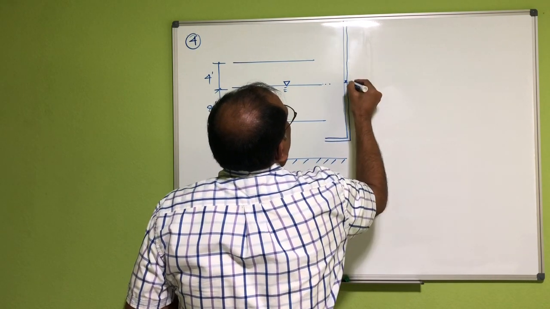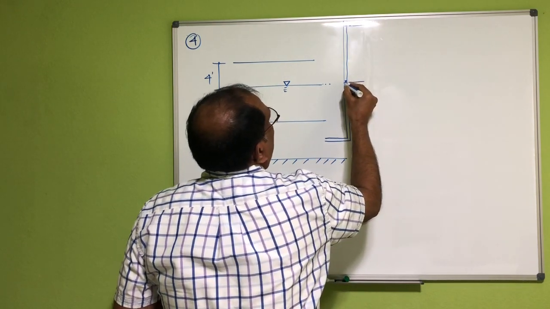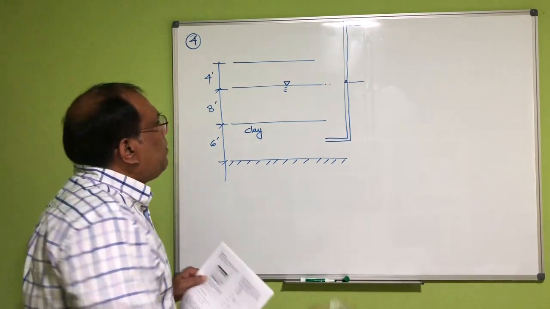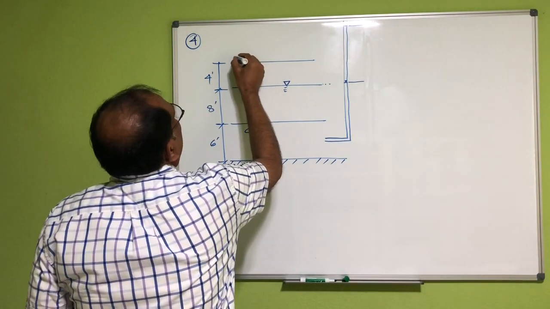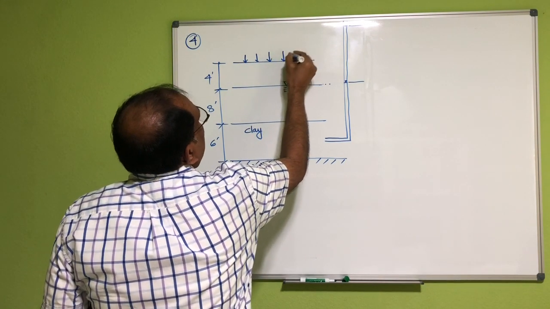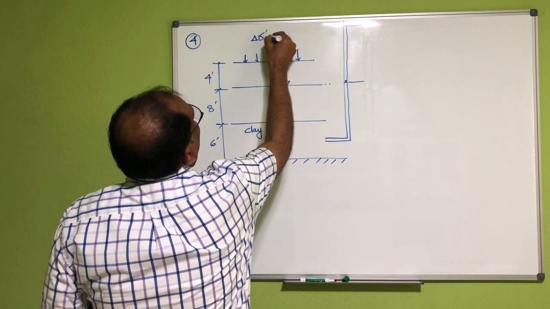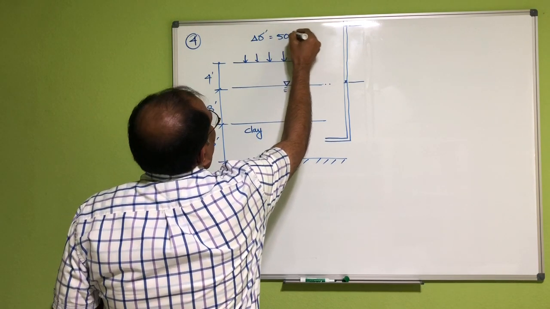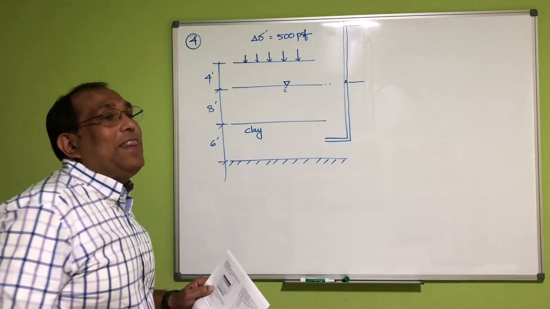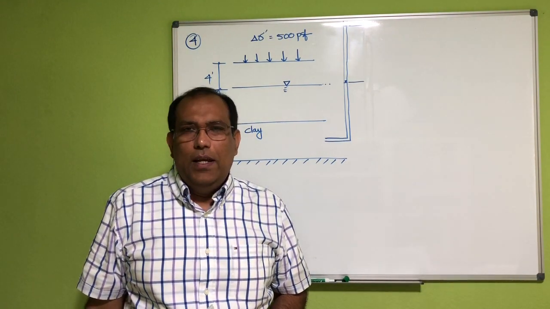As soon as we apply the load from the foundation, you will see that pressure will go up, high. Now, if you apply new load here from a foundation, which is 500 PSF, then at the beginning, just after applying that load, who is going to take all this load?